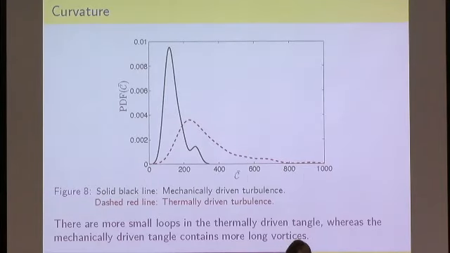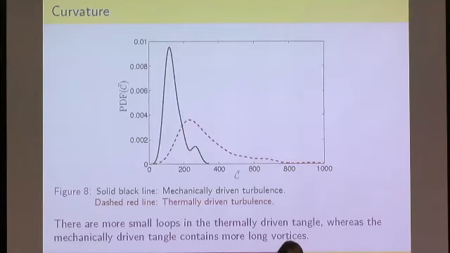So, as a final tool to understand what is happening here, we've chosen to look at the curvature of our vortices. And so, just a note on the conventions here, I'm going to speak about curvature, and this is in fact the inverse of the radius of curvature. So if I'm talking about high curvature, this is a small radius of curvature, and vice versa.